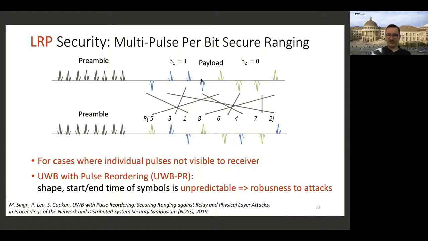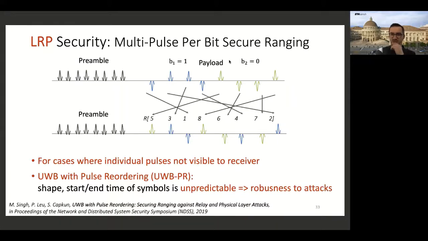In order to prevent these kinds of manipulations, we came up with a scheme called pulse reordering, which is essentially a symbol interleaving scheme, where the sender and the receiver have a map how to reorder the pulses that belong to individual bits.